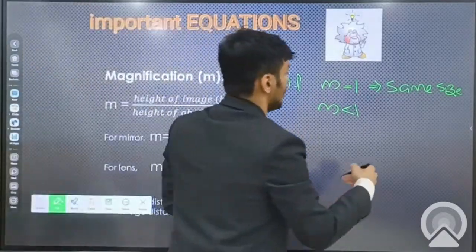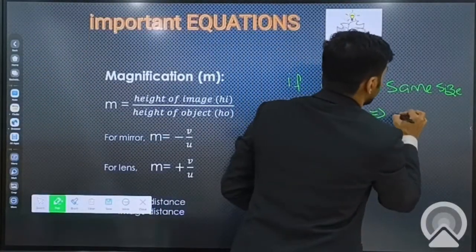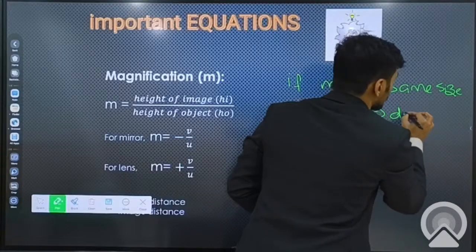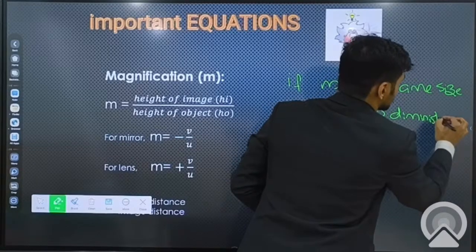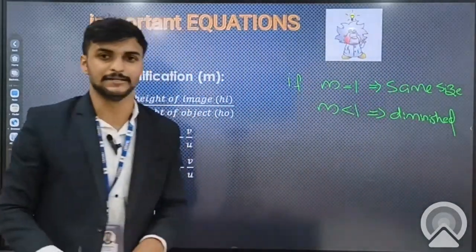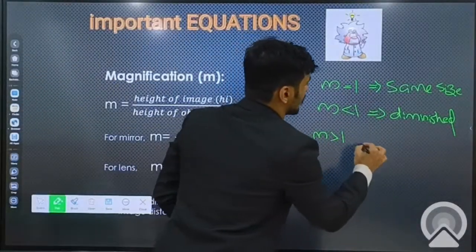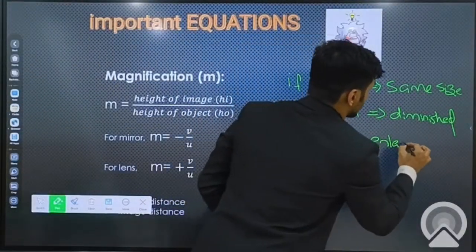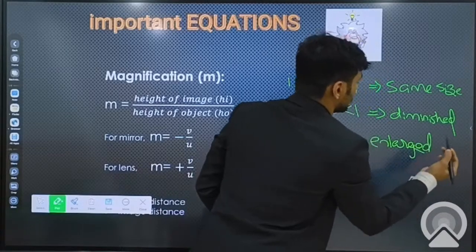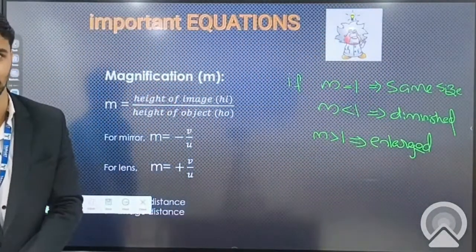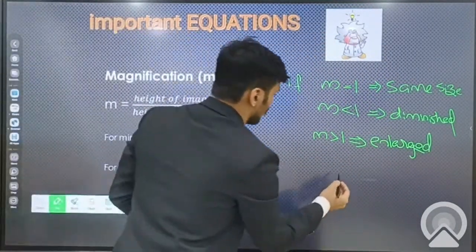which means the image is small in size or diminished. Or if M is greater than 1, which means the image is enlarged. Clear? One more thing.